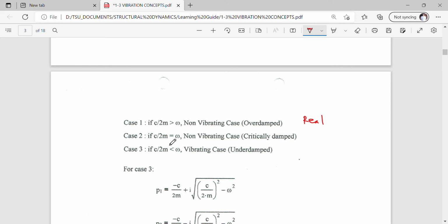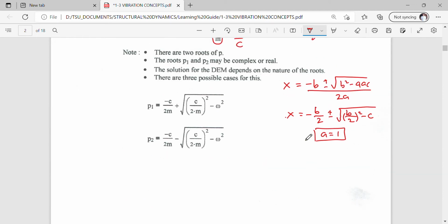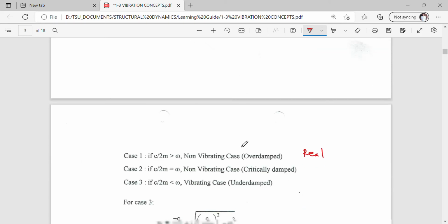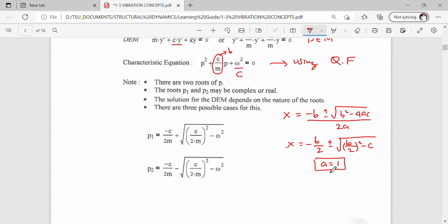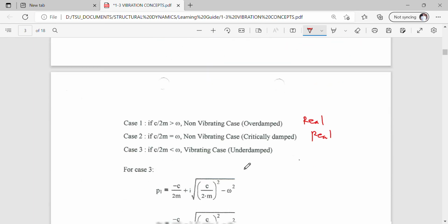If c over 2m is equal to omega, then we have what? We will have this as 0, and still we have a real root. Okay? And if c over 2m is less than omega, here we will have a complex root.